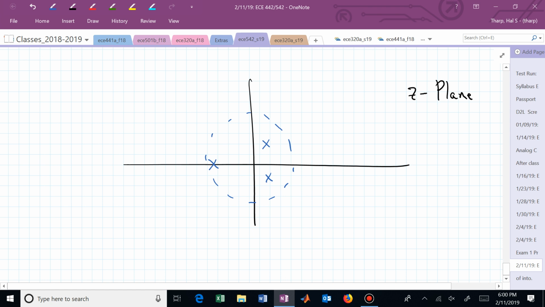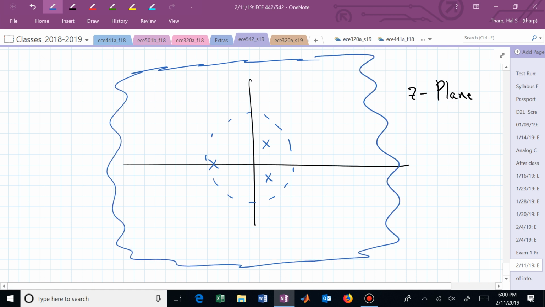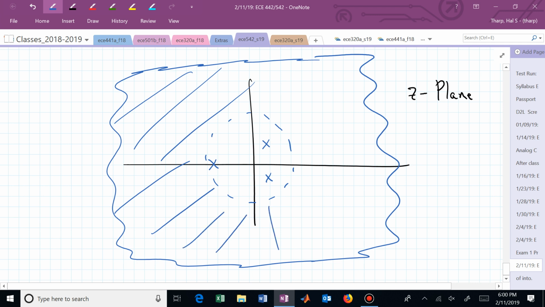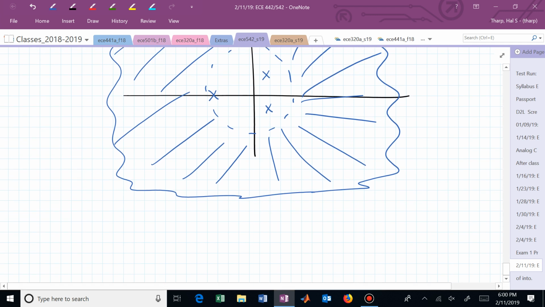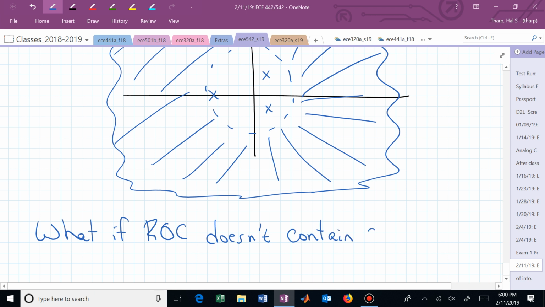The region of convergence will be outside this circle, but now this region of convergence is bounded because it's not going off to infinity. That's what this wavy box is supposed to be indicating. Here, the modification is, what if the region of convergence doesn't contain infinity?